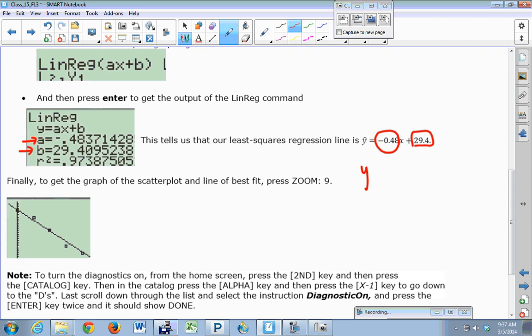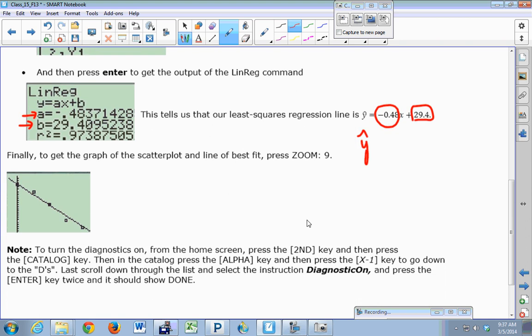And notice I use this y hat. That y hat, now you won't see this probably in any other college algebra class. I use y hat to remind me that this line is used to predict and estimate. It's not exactly y equals. It's not the exact data. It's a prediction line. That's what we use in statistics.